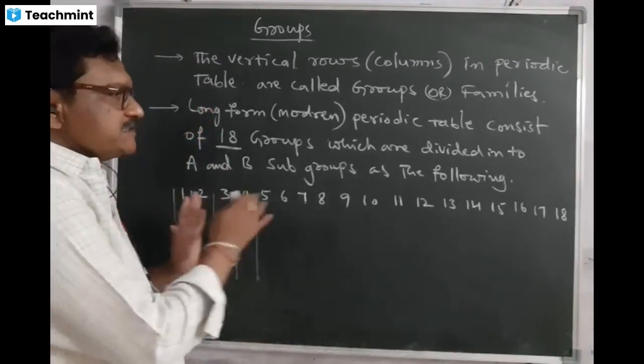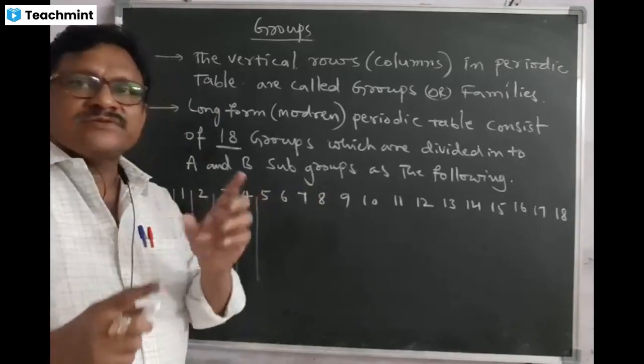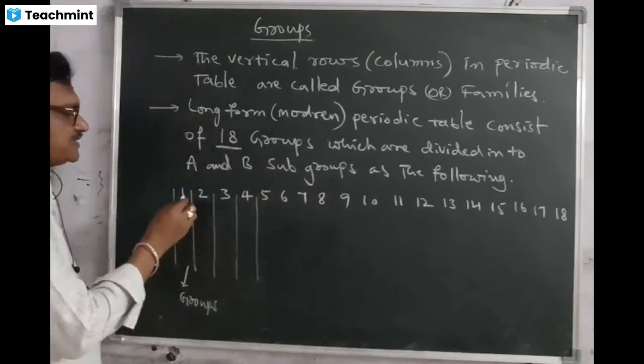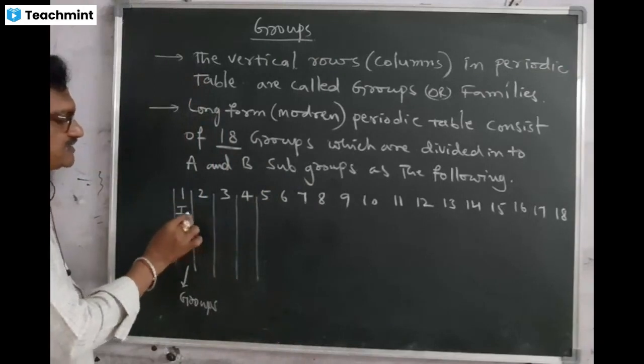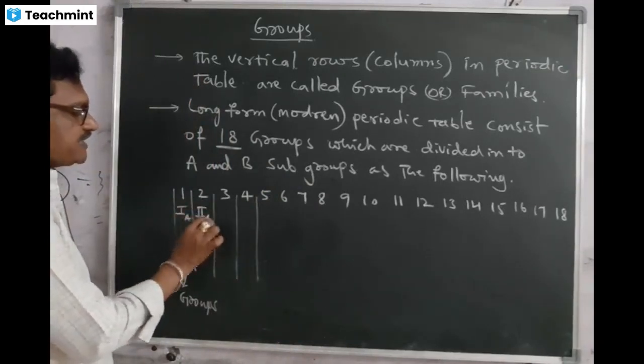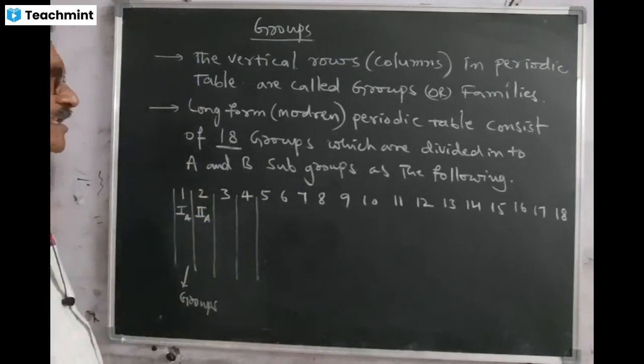So again, these 18 groups are divided into capital A, B subgroups. See, this first group is also called first A group. Second group is also called second A group. Okay.